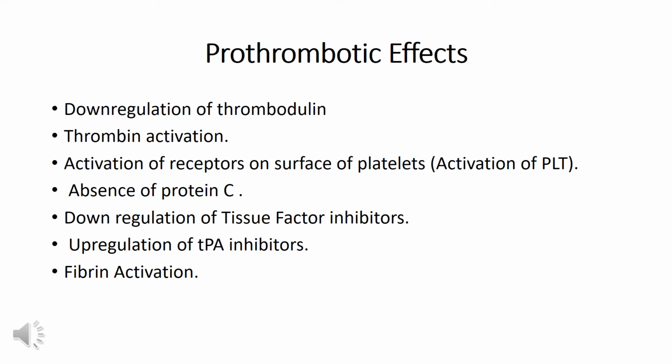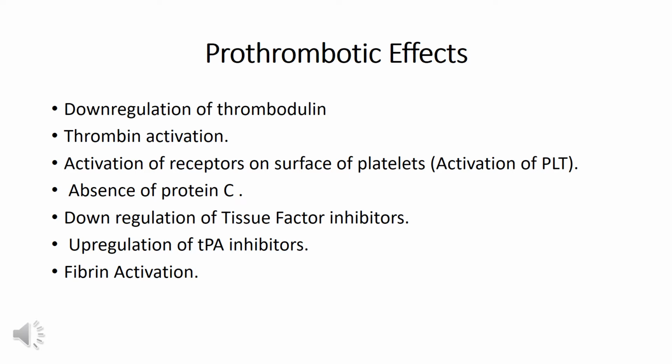We have discussed in the antithrombotic effect of endothelium that protein C binds with the protein C receptors on the surface of endothelial cells, and then protein C becomes active with the help of vitamin K and is involved in the antithrombotic effect. But in case of prothrombotic effect, protein C is absent, or protein C is down regulated due to activated endothelial cells.